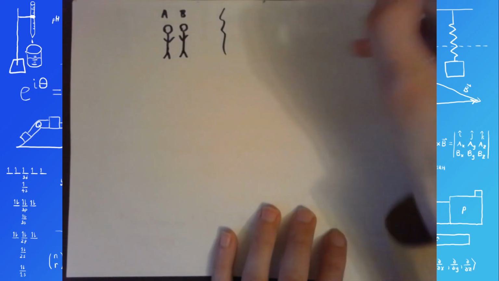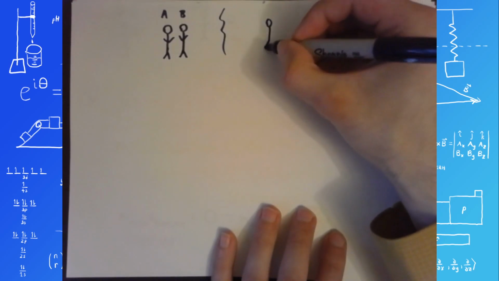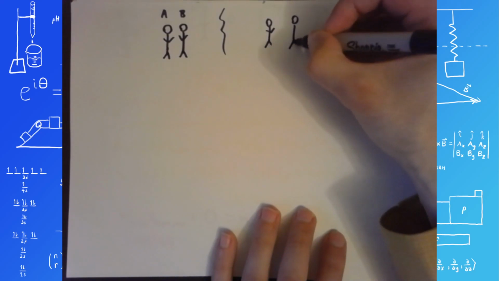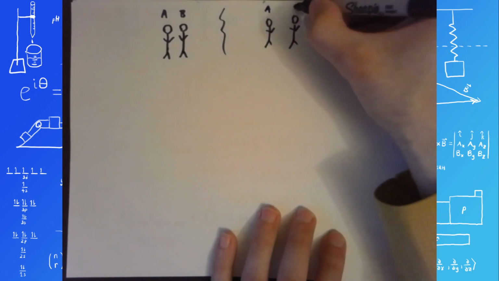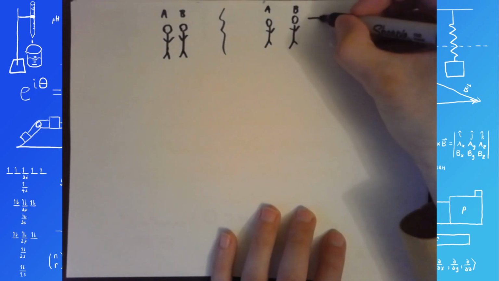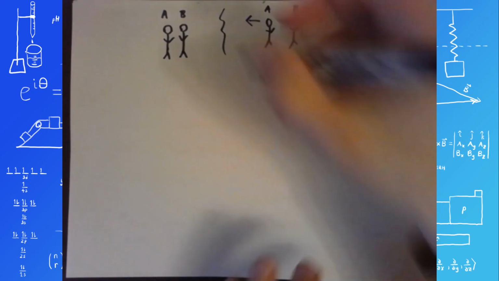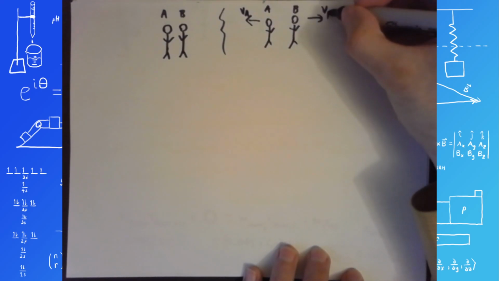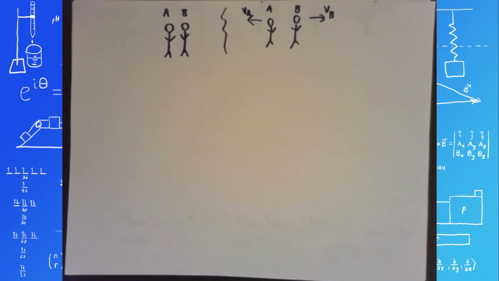Sometime later, Skater A pushes Skater B, and they start to separate. So I'll call this VA, and I'll call this VB, not drawn to scale because we don't even know what their final velocities are going to be yet.